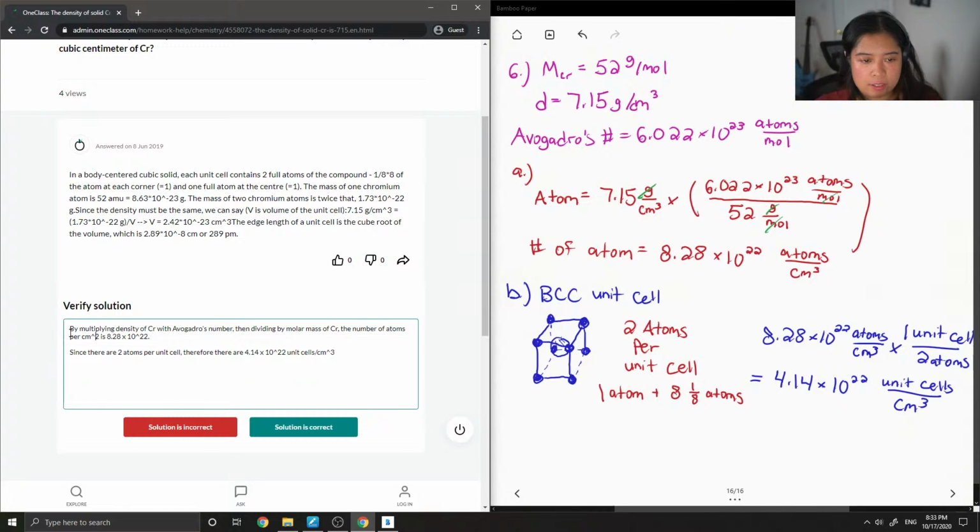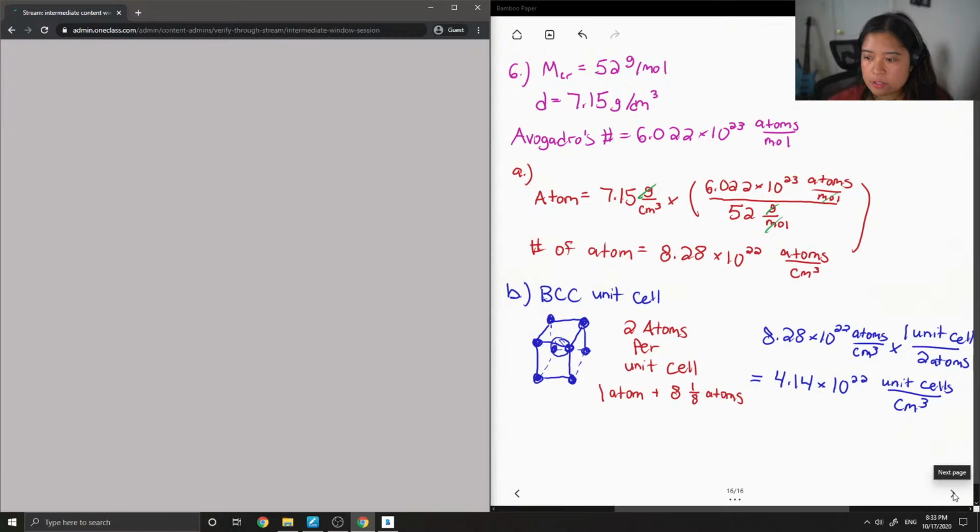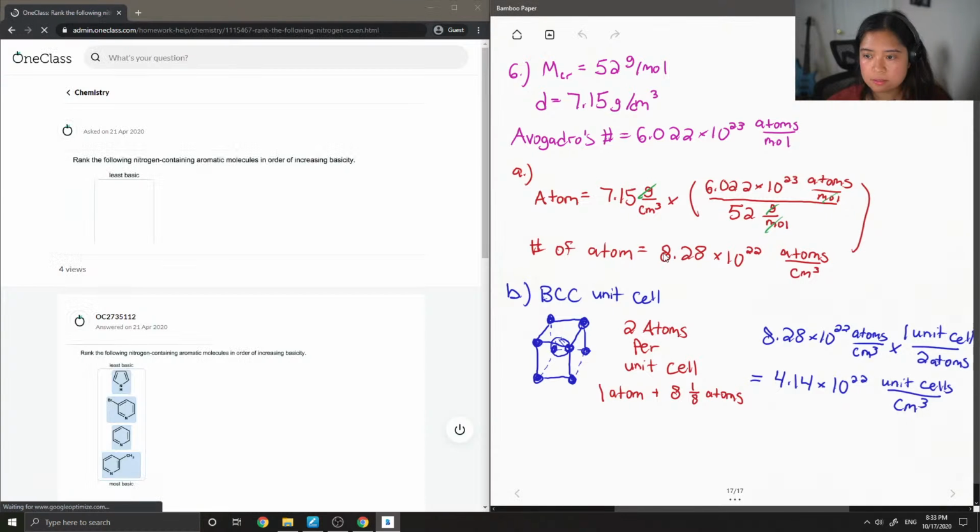By multiplying the density of chromium with Avogadro's number, then dividing by the molar mass of chromium, the number of atoms per centimeter cubed is 8.28 times 10 to the 22. Since there are 2 atoms per unit cell, there are 4.14 times 10 to the 22 unit cells per centimeter cubed. So the solution was incorrect for that question.